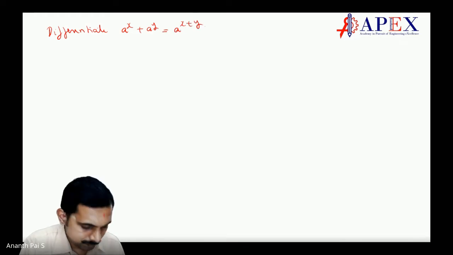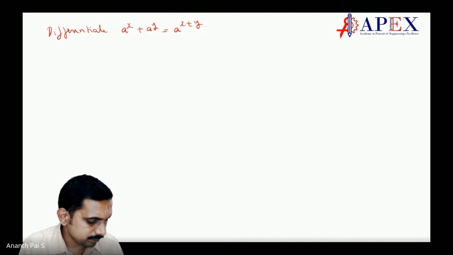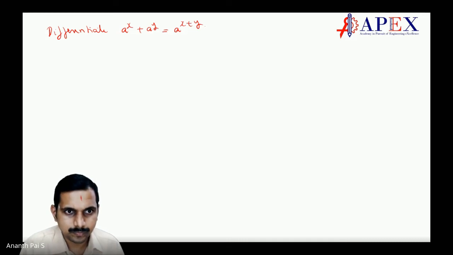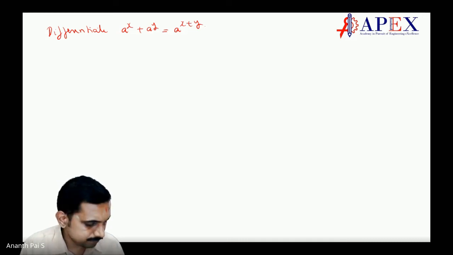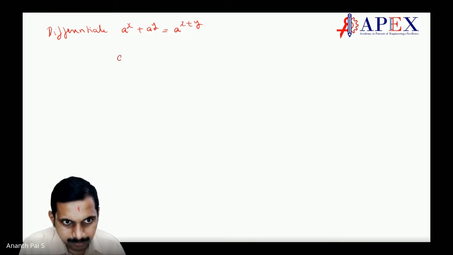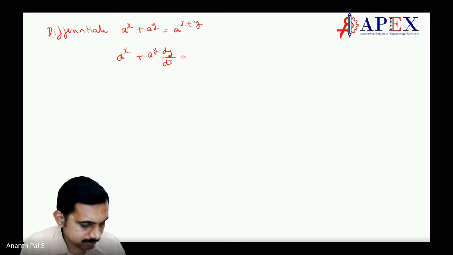Can you differentiate this, students? Easy, is it not? What is a power x? A power x itself, correct? Plus a power y dy by dx is equal to, do it, students.